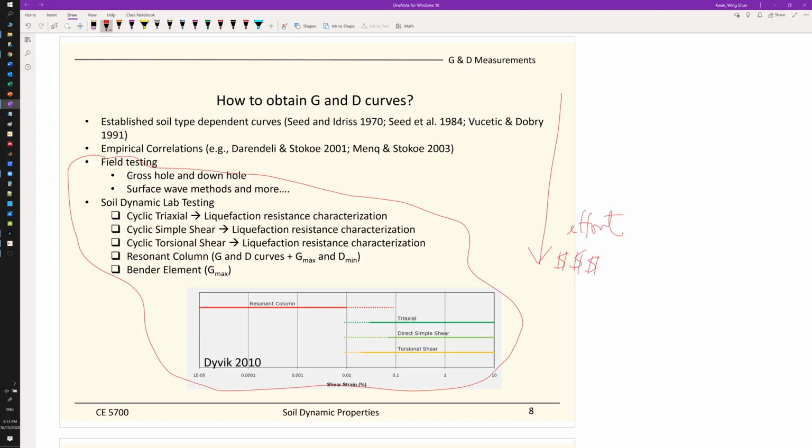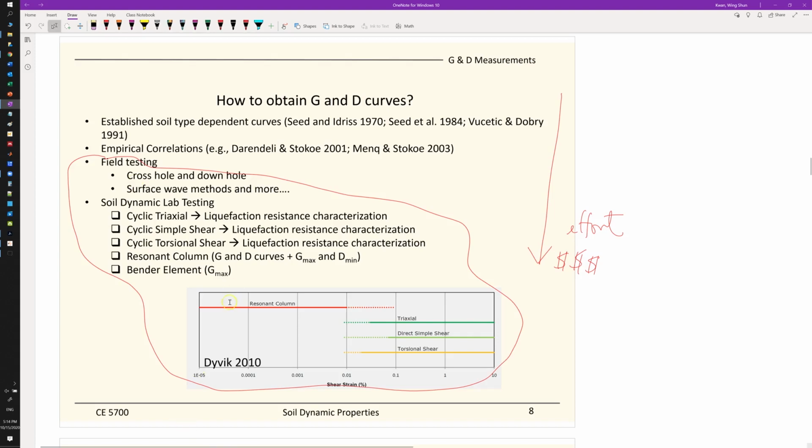And cyclic triaxial is the most simple one. At master's level, if you work in the lab for your master's thesis, very likely you can work on a cyclic triaxial project. Simple shear is not simple at all, so that gets into PhD level research. For sure, if you work on resonant column, it would be a PhD research topic.